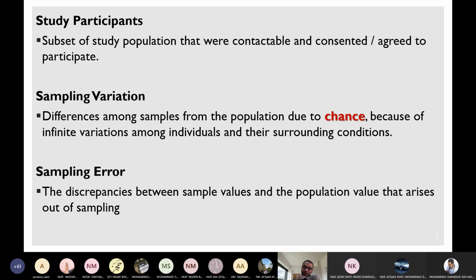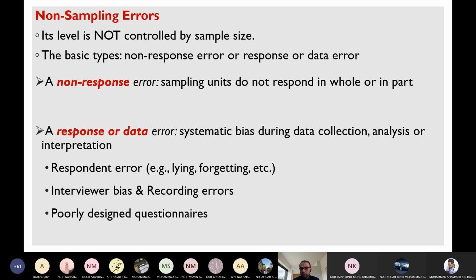So the variation after this, if you have done all the excellent job that you have to do, will still exist but will be attributed to chance. And this is what we call the sampling error. Most of the time we have discrepancies between the sample value and the population value due to sampling. The diagram earlier on the target population, is there a difference between them?